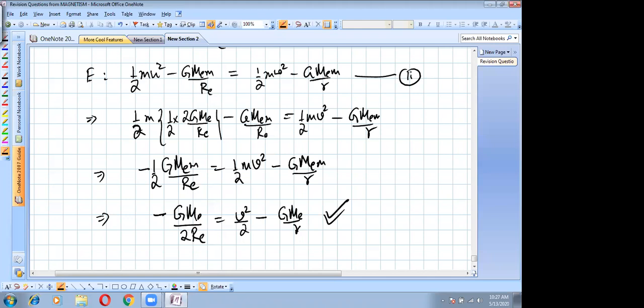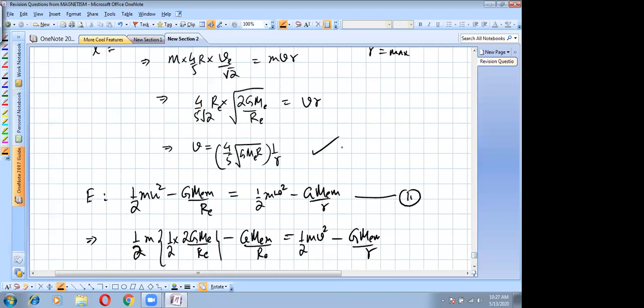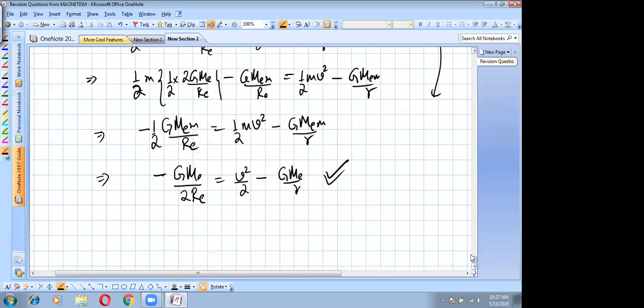Now we can solve them as a quadratic equation and get our relationship. So for example, solving for r, we can just substitute v square.